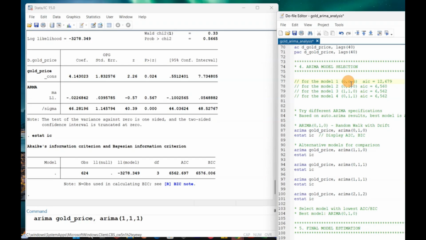Can we just copy our fifth model and then change it? Let us run it with two lags for the autoregressive part and two lags for the moving average, then enter.